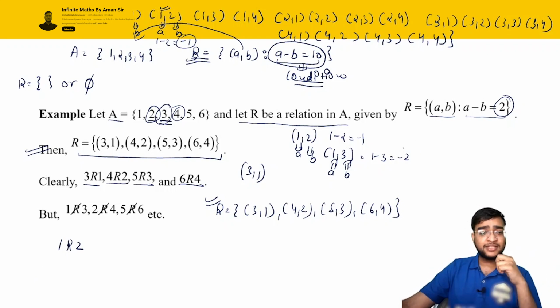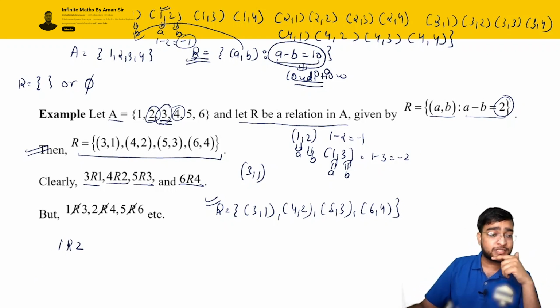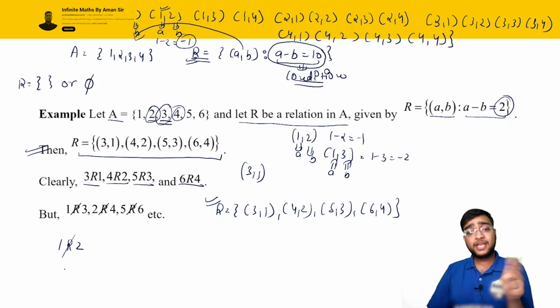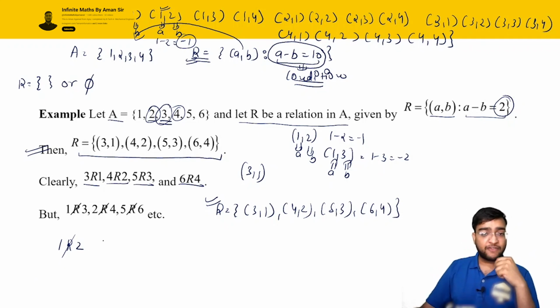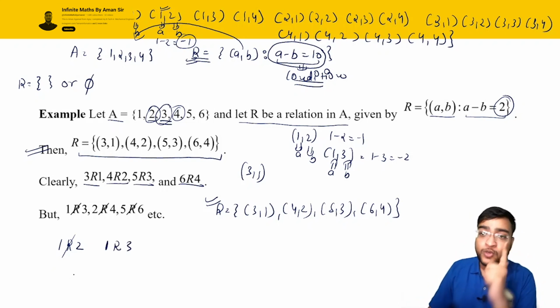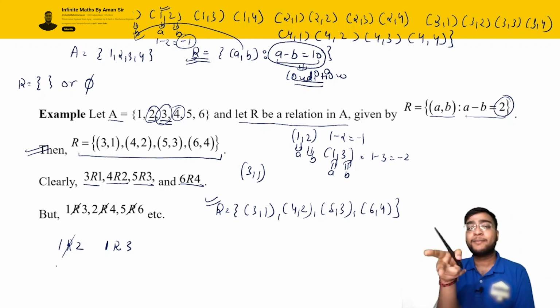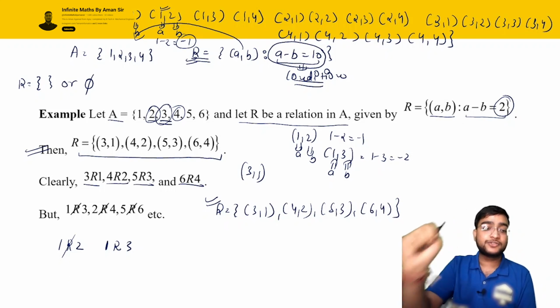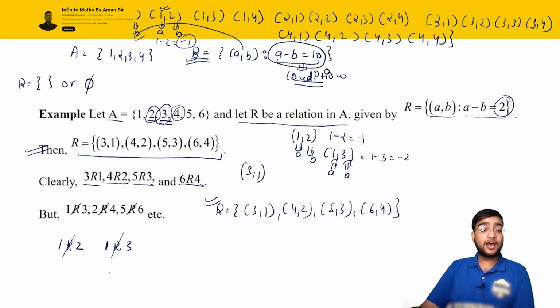You can say no, sir, because the difference would be minus 1. Is 1 related to 3 in my relation? You can say no, sir, because the difference 1 minus 3 is minus 2 here. So this is not in our relation here.